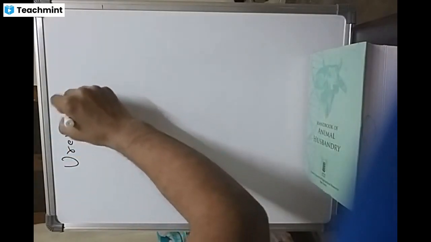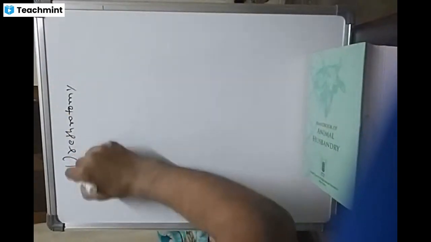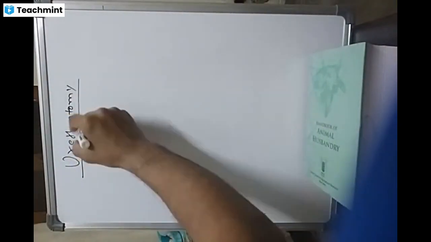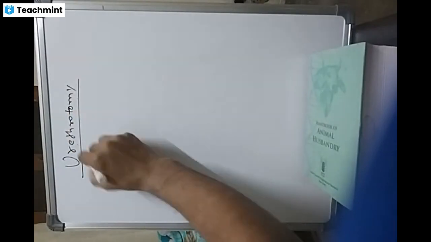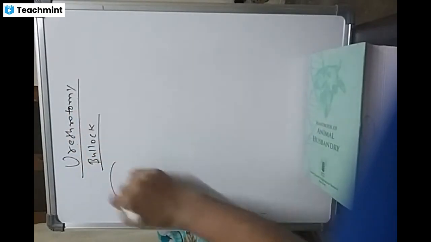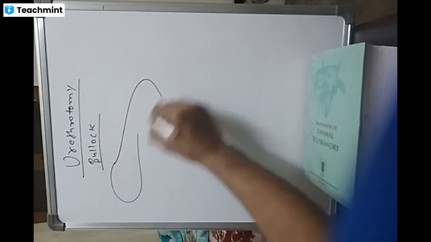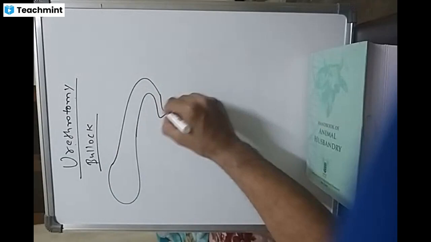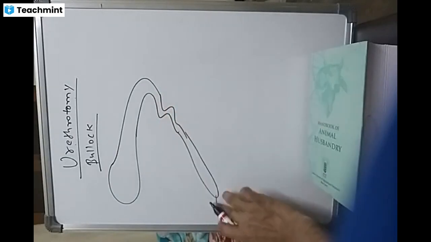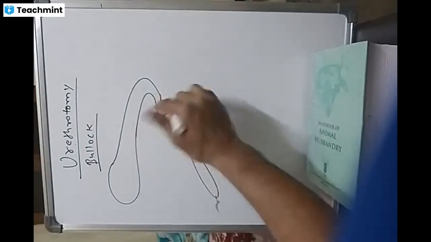Now, urethrotomy in case of bullock. The bullock has the sigmoid flexure.